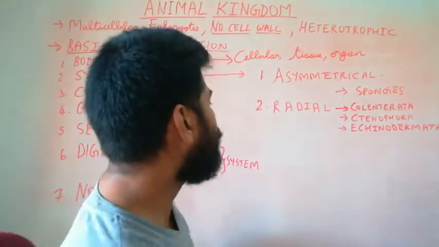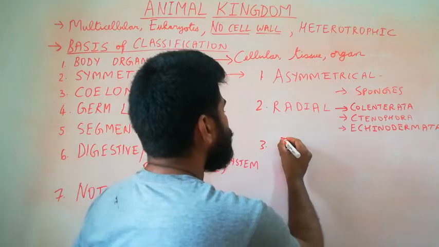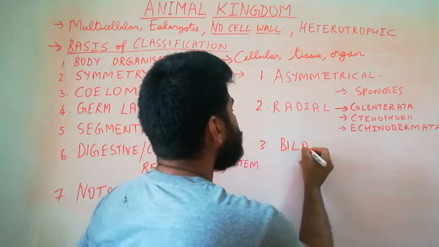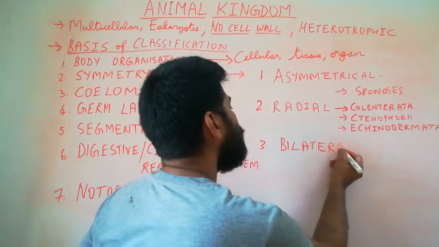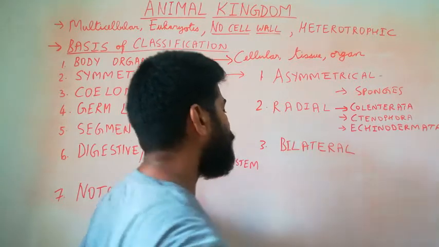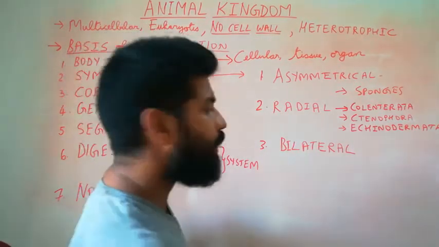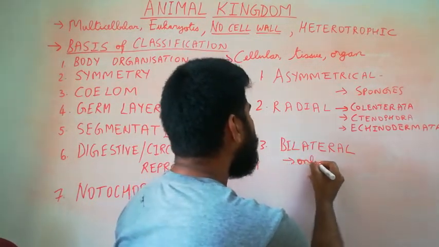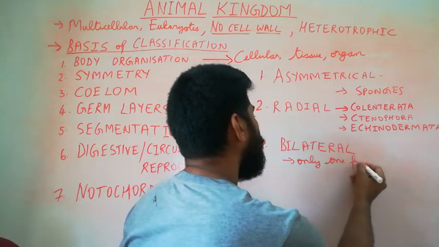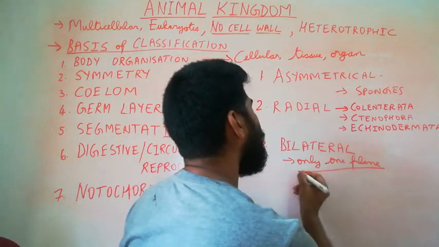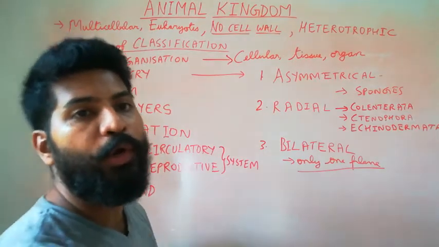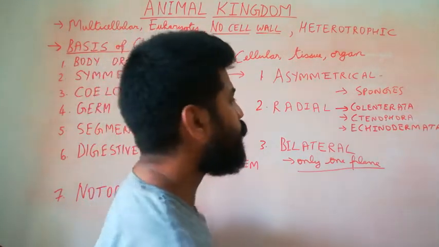The third type of symmetry is what is most commonly seen, that is bilateral symmetry. In bilateral symmetry there is only one plane of axis that can divide the body into two equal halves.